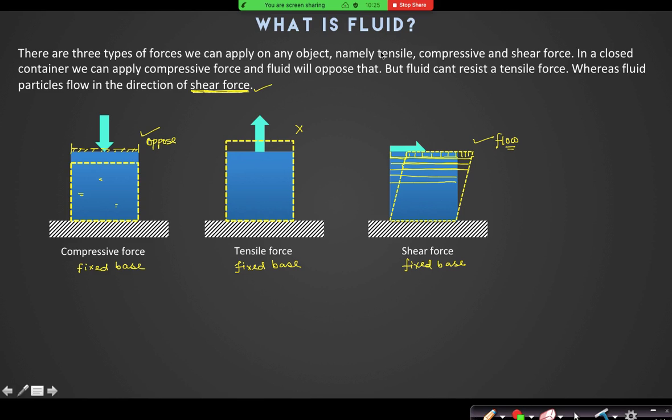Is that slide clear? What is the basic difference between fluid and solid particles? I'm not going into deep discussion of intermolecular space or adhesive forces. You have read these things in chemistry classes, or whenever needed we will discuss them.